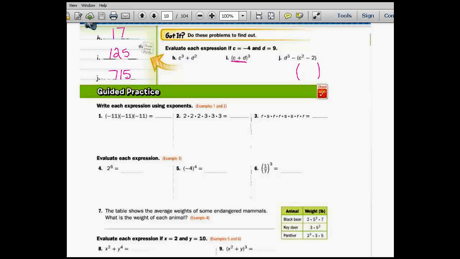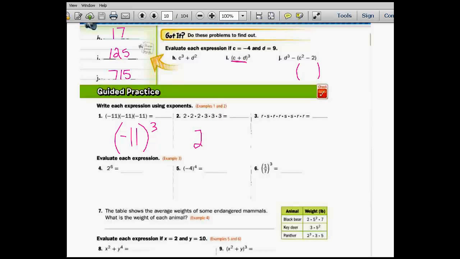All right, so on guided practice, using exponents, negative 11 times itself 3 times, keeping them inside of parentheses. Negative 11 should have been in a parenthesis right there. Let me fix that real quick. Negative 11 cubed. 2 times 2 times 2 times 3 times 3 times 3.